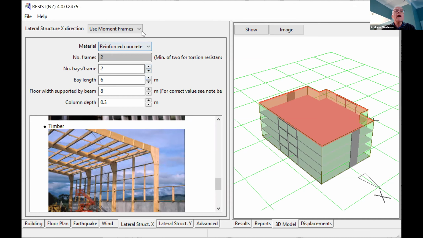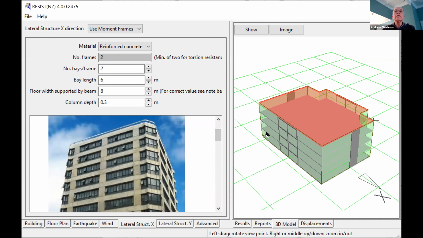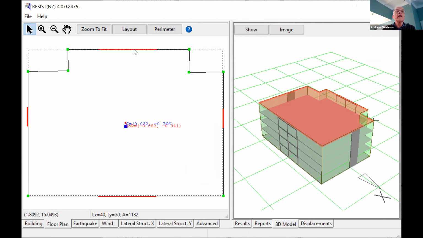So anyway, we are going to use reinforced concrete frames in this clinic because that's what's been used. So we're going to use moment frames, reinforced concrete, and I'm going to use two frames, one here and one here. So I'm going to go back to the floor plan and put this frame on that line.